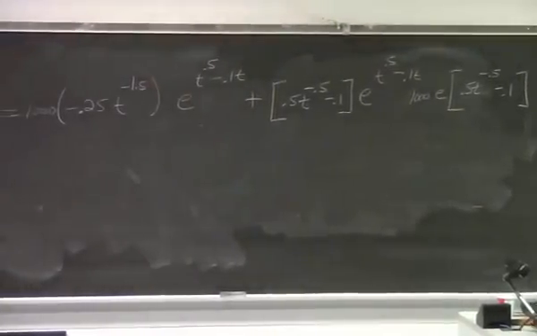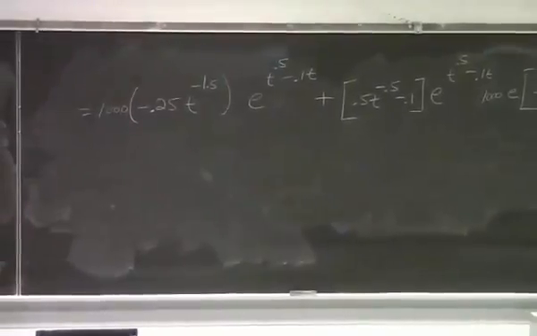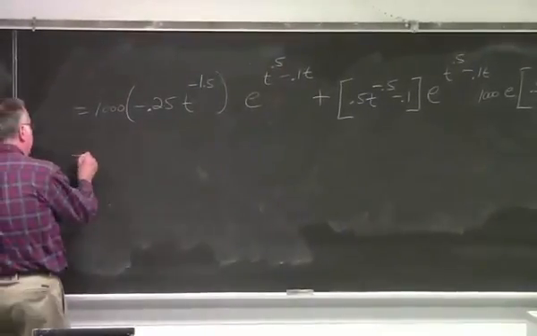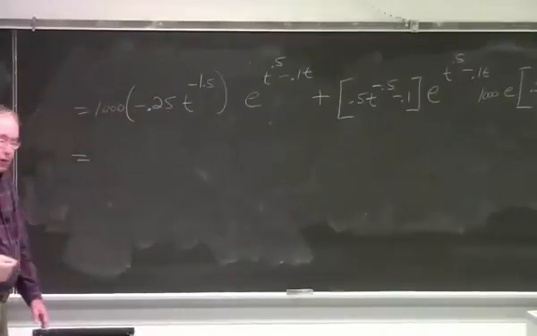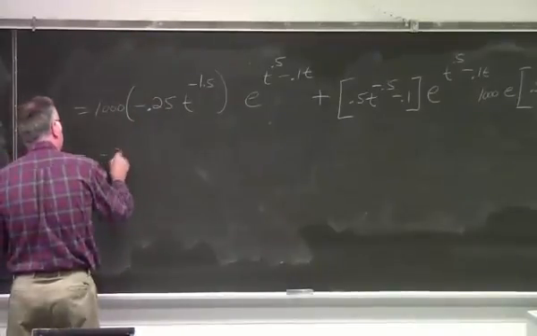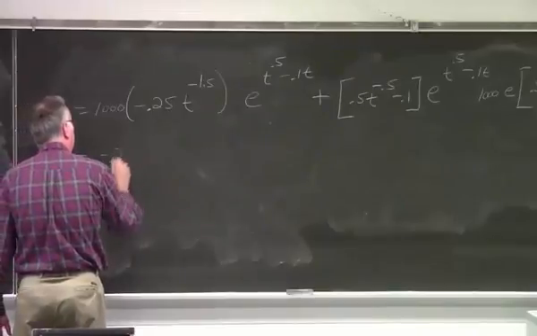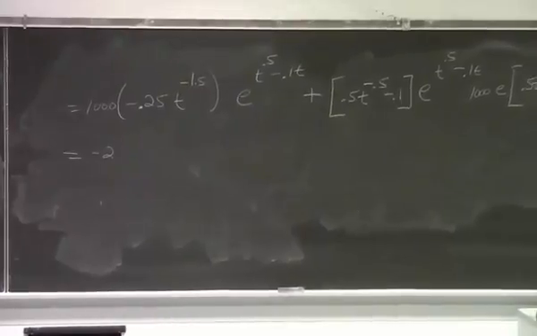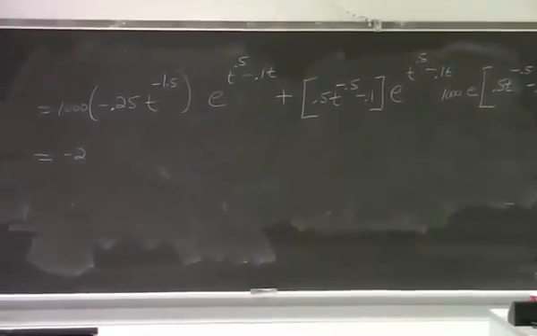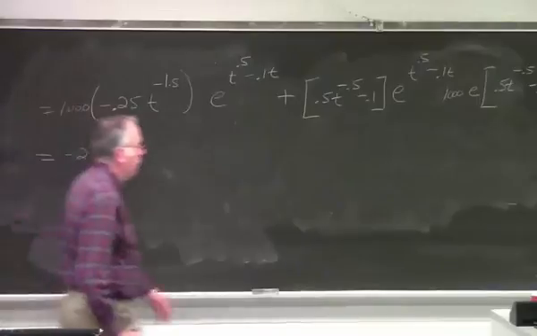Let me just rewrite this and make it a little bit simpler. Minus 0.25 times 1,000 is going to be minus 250. Oh, you're right, I don't know why I put this e in here.